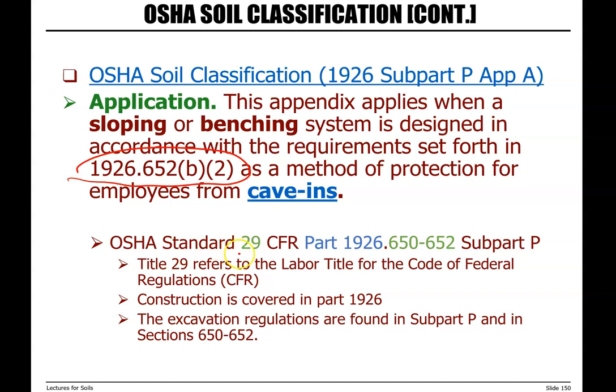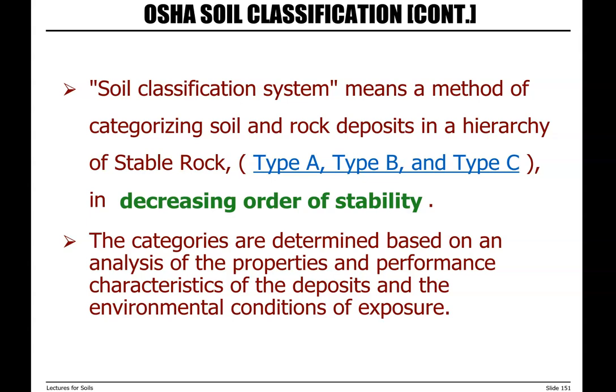OSHA Standard 29, that's Title 29, refers to the title for the Code of Federal Regulations. Construction is covered in Part 1926. The excavation regulations are found in Subpart P and in Section 652.